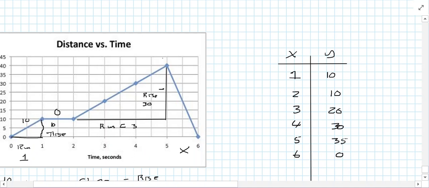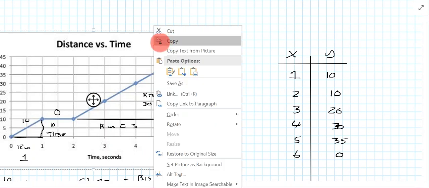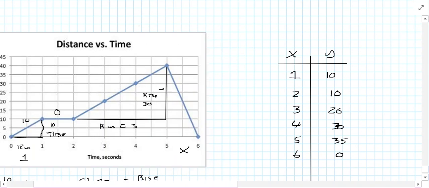So again, the slope in this case, m, is going to be equal to the rise, which is 30, divided by the run, which is 3. So therefore the slope in this case is 10. So the slope here is 10.